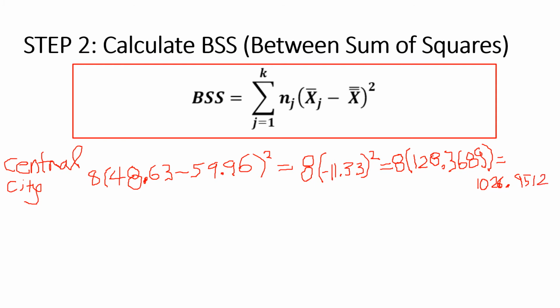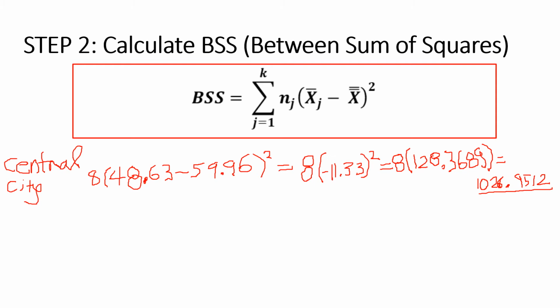So that is for Central City. That's the between group variance that's due to how the Central City mean differs from the grand mean.